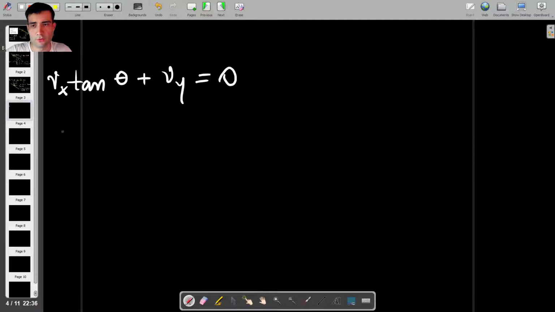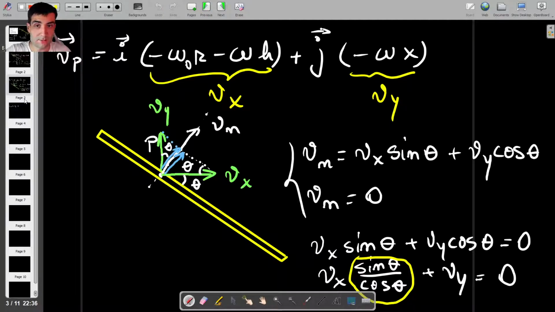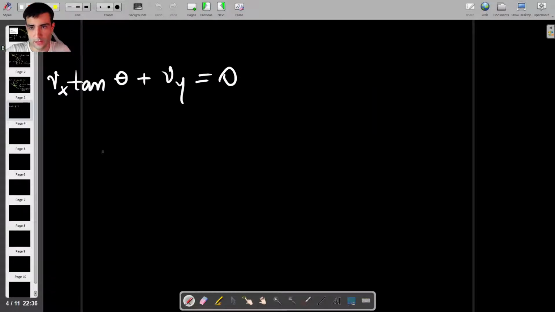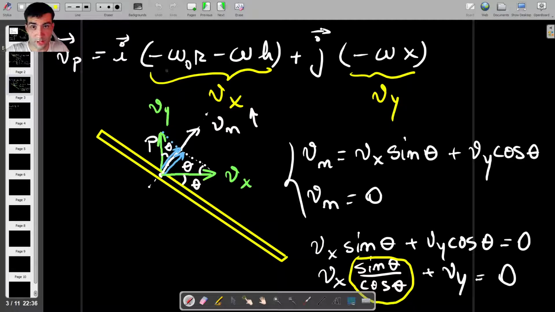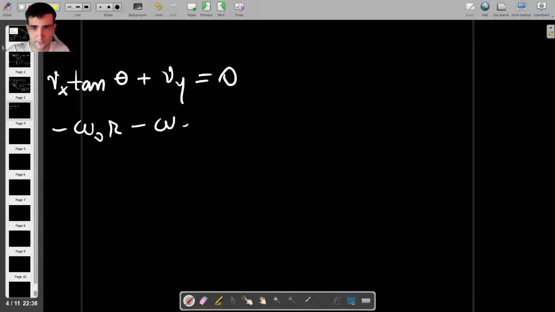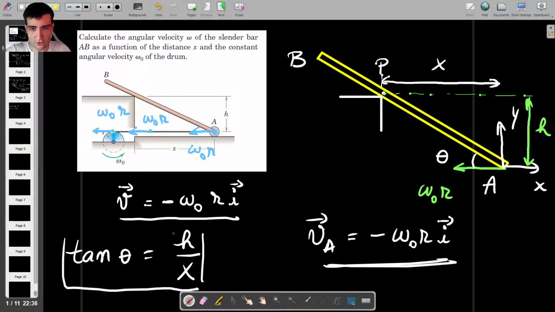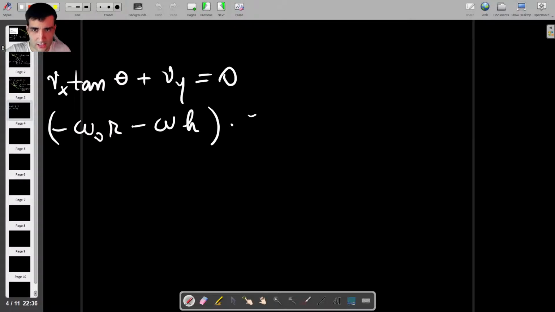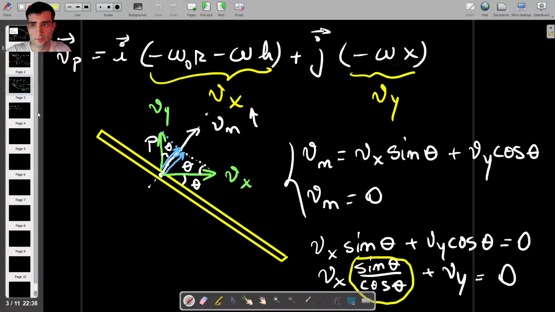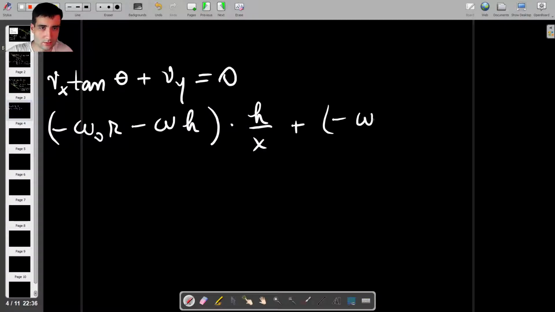Okay, so for Vx, I can now substitute what Vx actually is, which is what we found here. So that's minus omega naught r, and then we've got minus omega h. Now tan theta is this h over x expression. So that's times h over x plus, and then Vy is minus omega x. Minus omega x, and that's equal to 0.